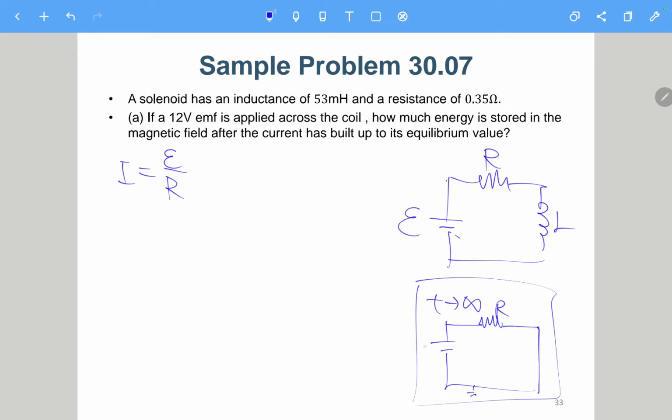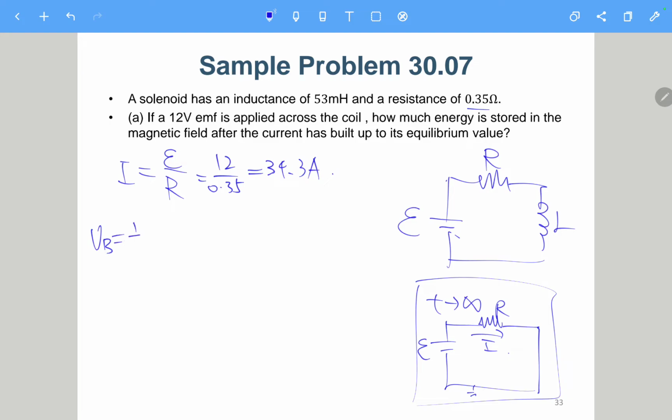So the current is nothing but I equals E over R, which is 12 over 0.35, which is 34.38.